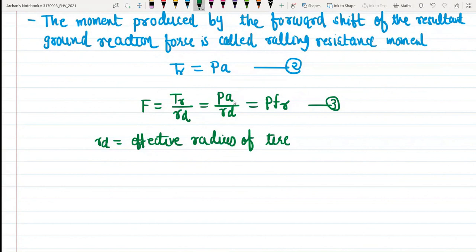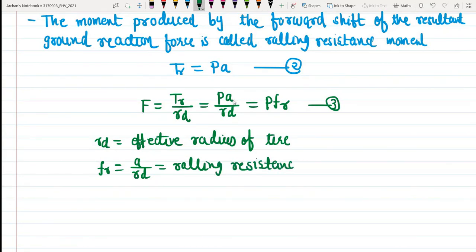And this fr, which is the ratio of a by RD, is nothing but the rolling resistance coefficient. So in this way, the rolling resistance moment can be replaced equivalently by a horizontal force acting on the wheel center in the opposite direction of the movement of the wheel, right?